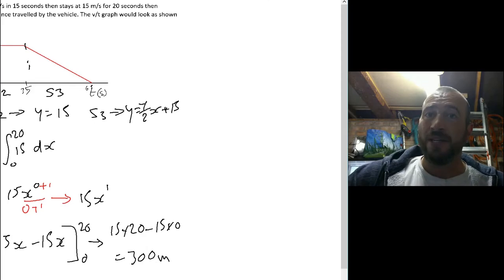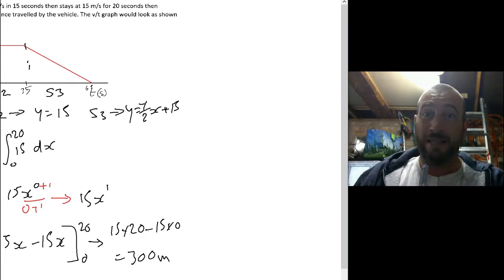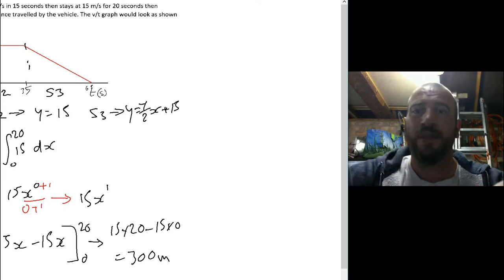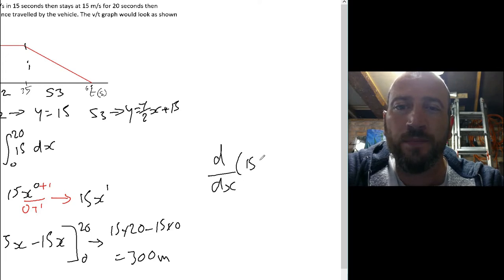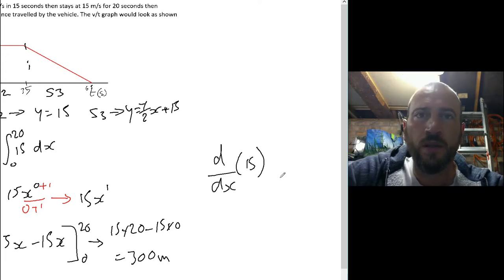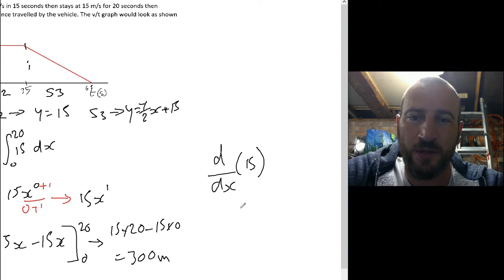Now we're going to differentiate 15 and see what our rate of change on the line is. You can see already that there's no change in that line. So what happens if we put it into this formula? In this case, y is just equal to 15. So 15, when we differentiate it, becomes 0.